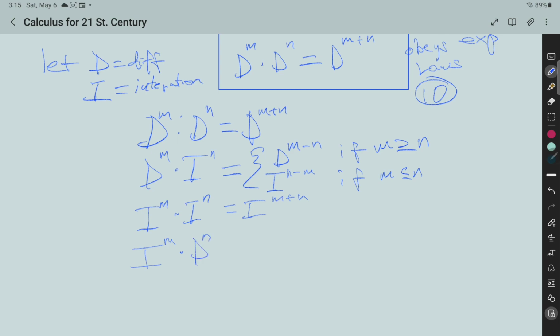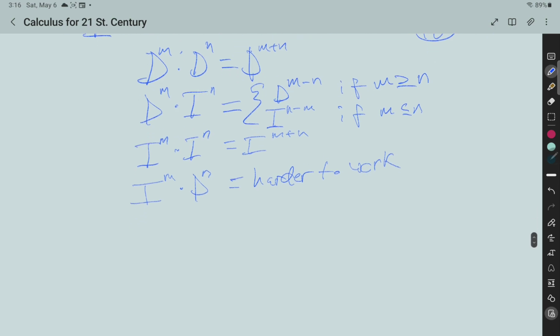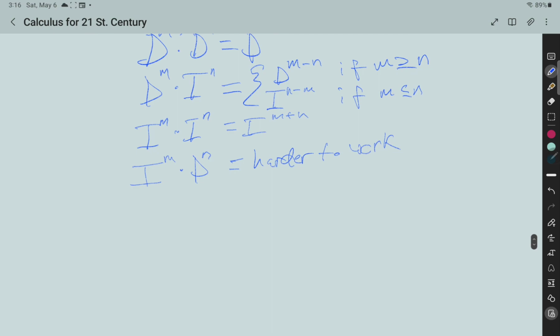This will be more difficult to obtain because of the extra term. So this will be harder to work out, but it's doable. So here is an example of a case where you have integration first and then differentiation second on some function, and then we're going to see some where the extra term comes out.